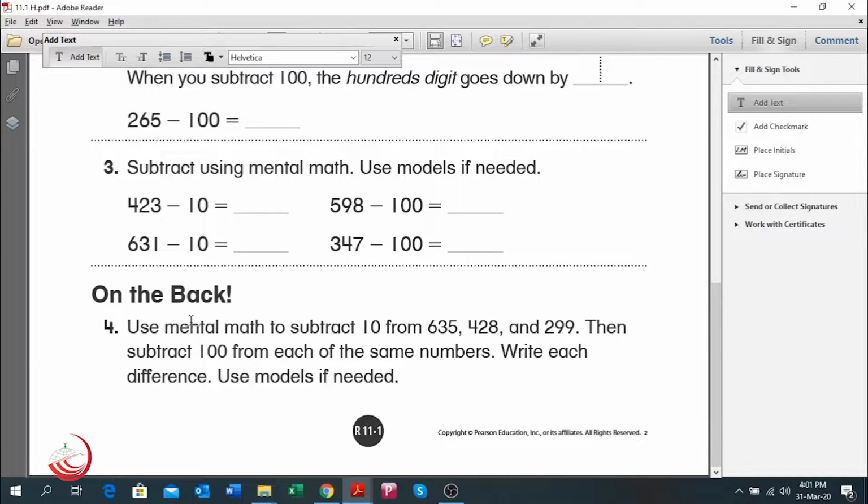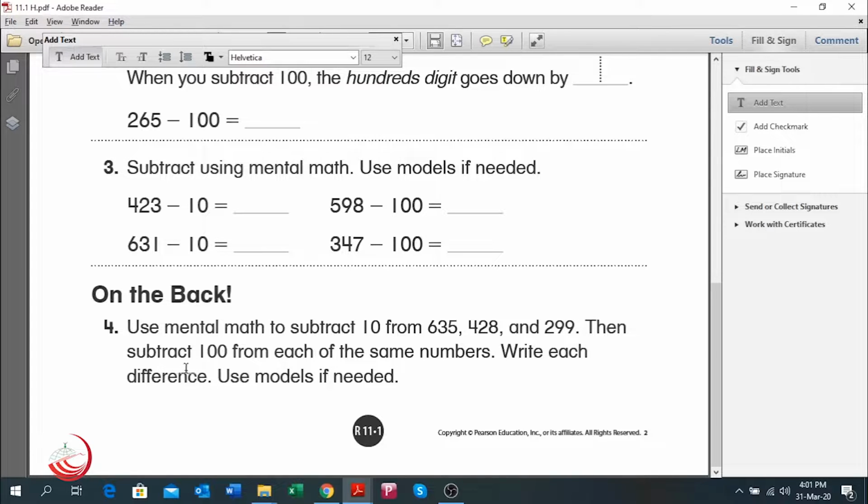On the back, turn the back of the page. Use mental math to subtract 10 from 635, 428, and 299. So I want you to do 635 minus 10, 428 minus 10, 299 minus 10. What are the answers for these three questions?